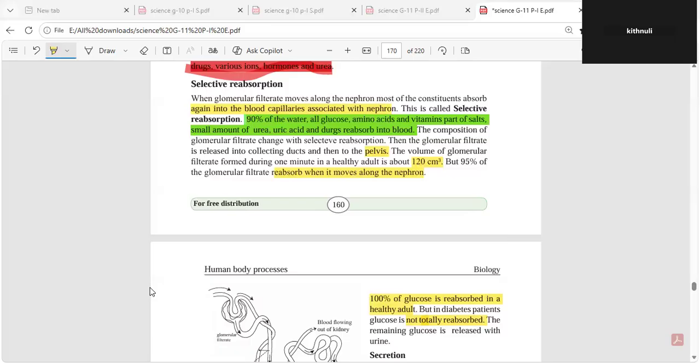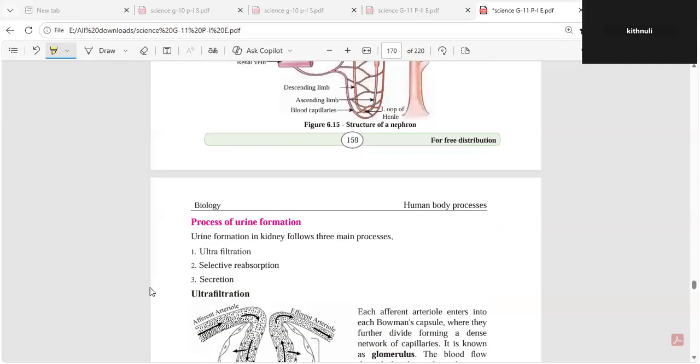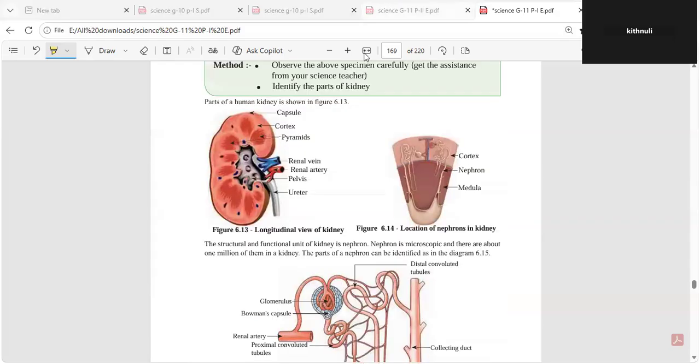Then this glomerular filtrate is released into the collecting ducts. Then into the pelvis, like I said previously, right? Pelvis is here. This is the pelvis part, right?